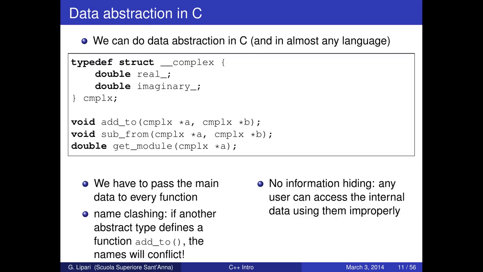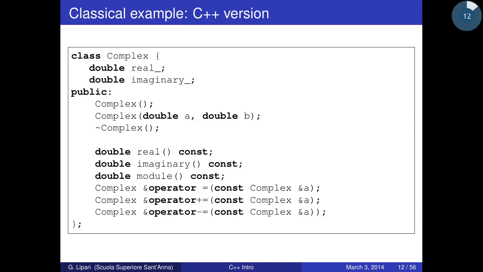The third thing is that there is no information hiding. So the programmer who doesn't really understand how to use the object can do whatever he wants, because he can access every single piece of data of the data structure. Everything is permitted, okay?